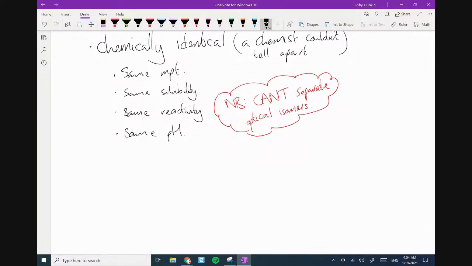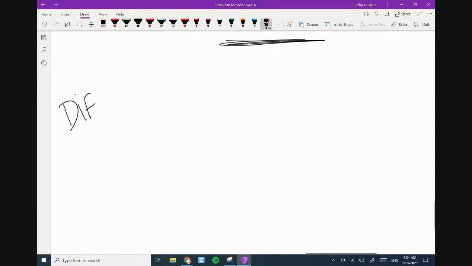Okay, so if these are all the similarities, how do they differ? They differ in their biological reactivity.